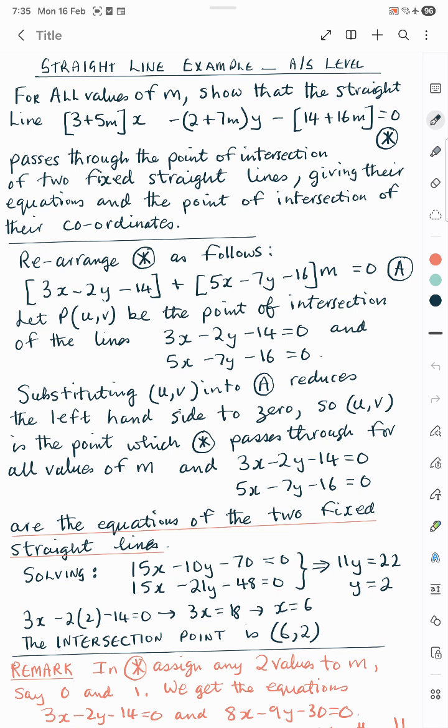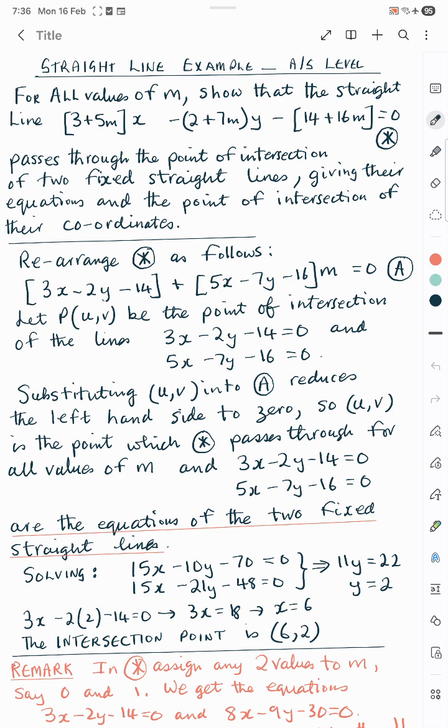Now, if you substitute the coordinates (u, v) into the equation which I've marked as A, that will reduce the left-hand side to 0, and so (u, v) is the point which the starred equation passes through for all values of m. And 3x - 2y - 14 = 0, 5x - 7y - 16 = 0 are the equations of the two fixed straight lines.